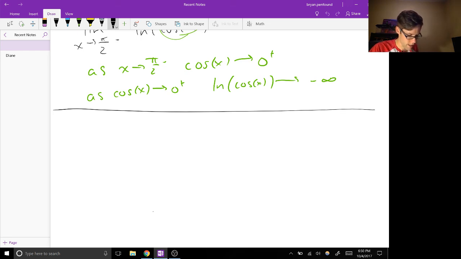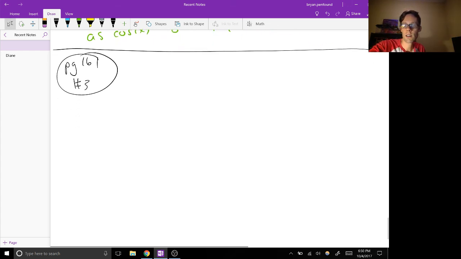It's 2.8. Yeah, so I'm on page 161 and number 3. So I need to plot a couple of functions for you.